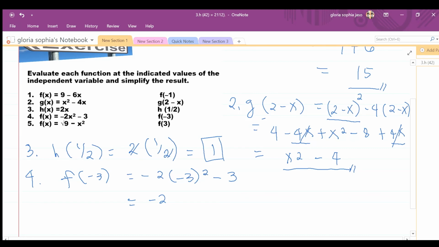So, negative 3 squared, that's equal to 9, minus 3. So, simplify. So, sa PEMDAS natin, multiply muna. So, negative 2 times 9, so negative 18. Minus 3, so negative 21.